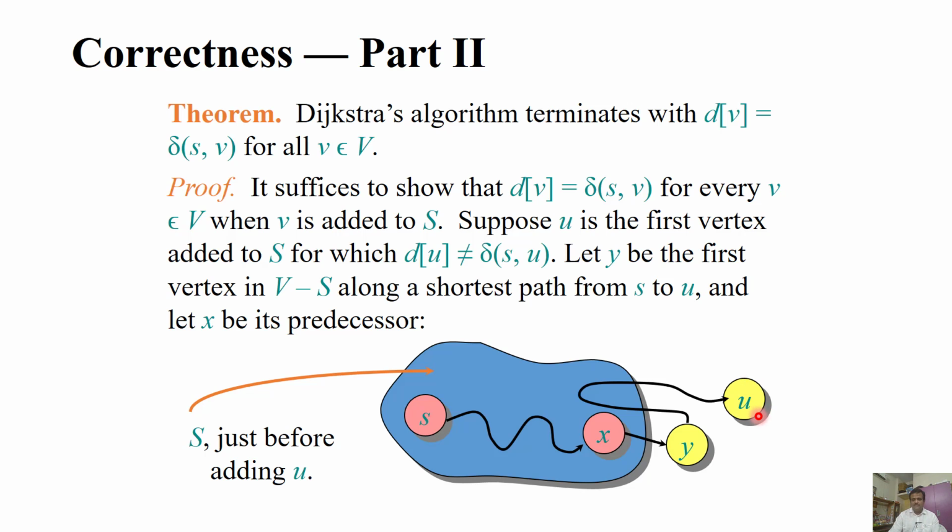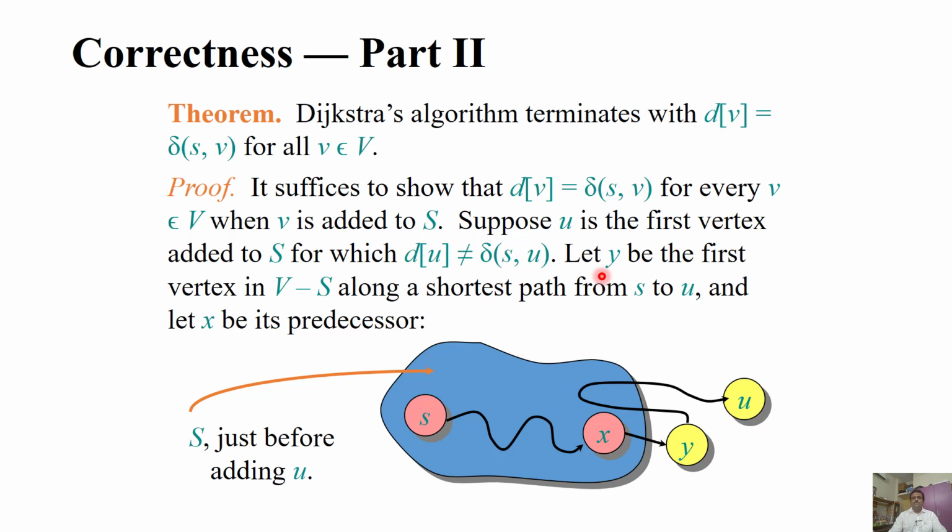In our algorithm we choose this vertex as the next vertex to be added in S, and suppose this is the first vertex added for which du is not equal to delta of S comma U, and we will reach a contradiction.